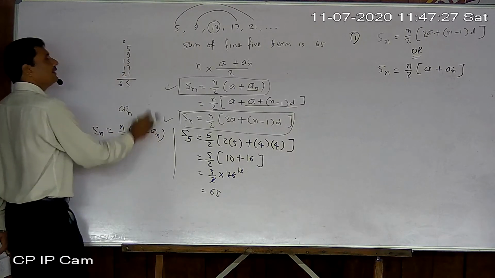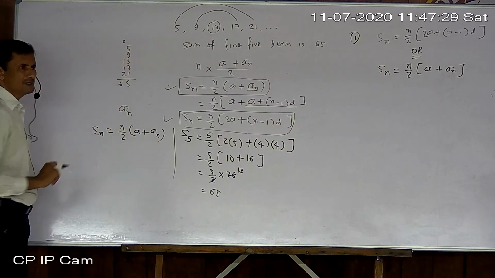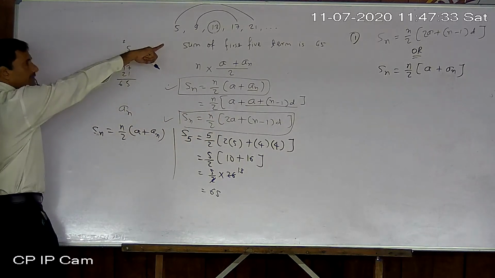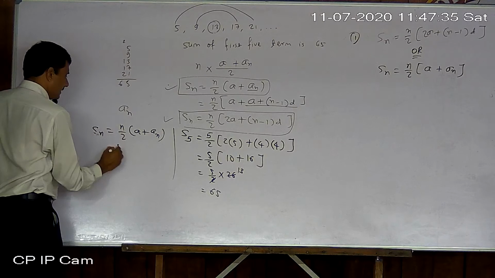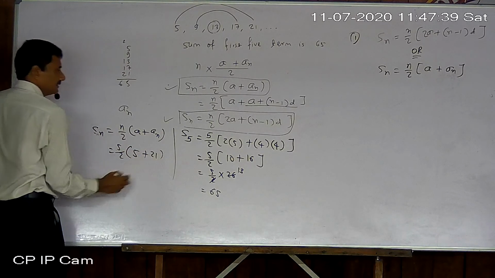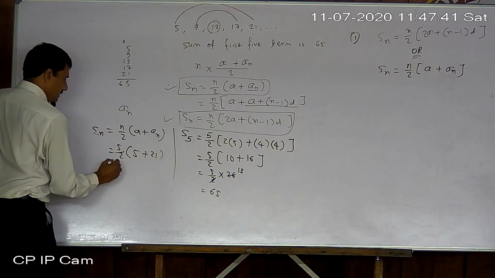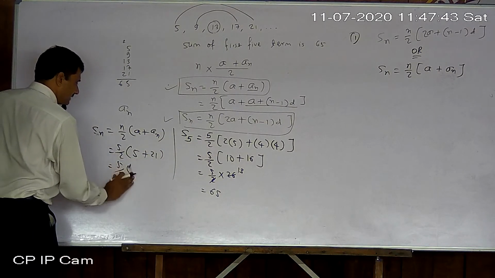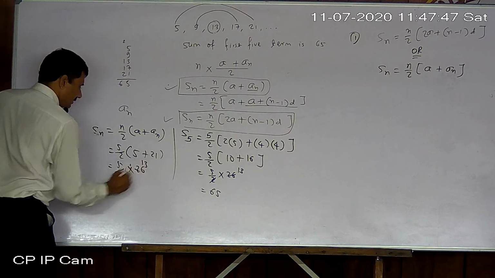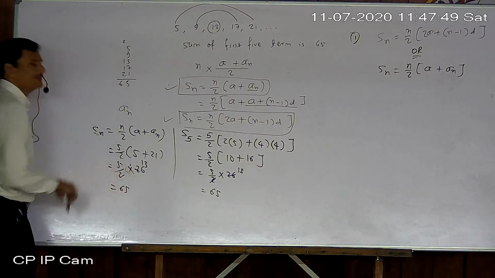Suppose it has 15 terms and I do not know the last term, at that time I can use the first one only. But now I have 5 terms and I know the last term, so 5 by 2, 5 plus 21, 5 by 2, 26, again 13, 13 fives are 65.